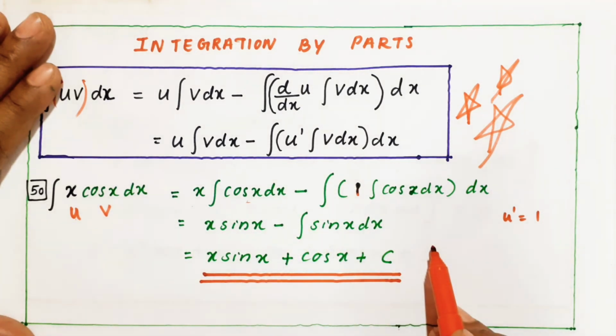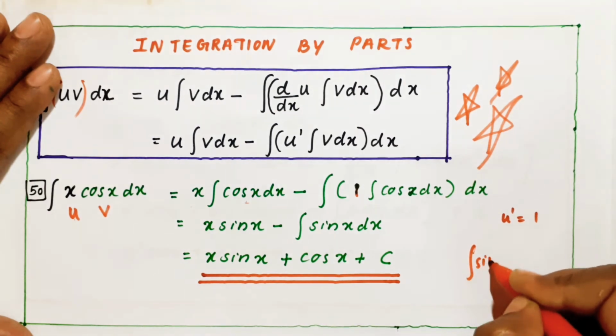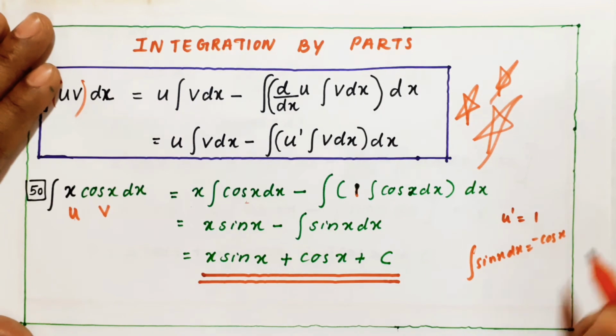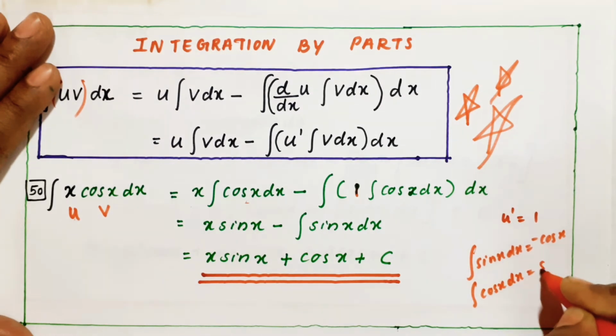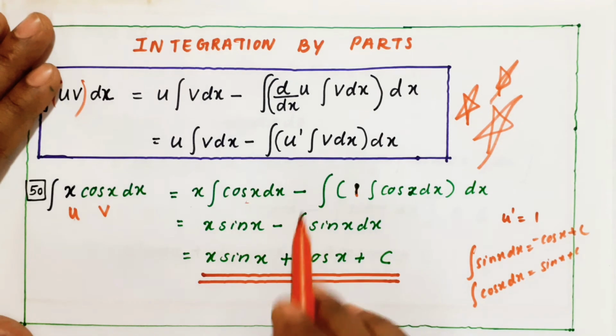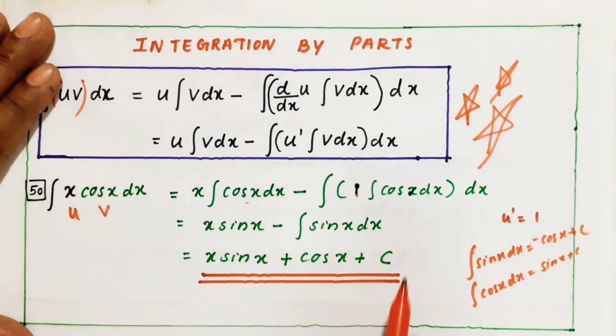What is the integral of sin x? Minus cos x. That minus and this minus get cancelled. But the integral of cos x dx has no minus, it is sin x plus c. So I am just writing the integral of sin x as minus cos x, the minuses get cancelled, and we will get plus cos x plus c.